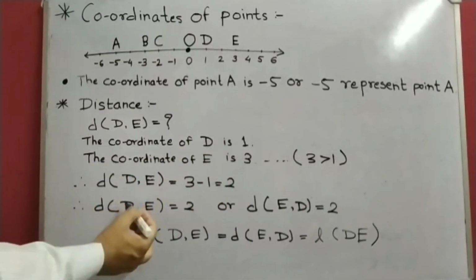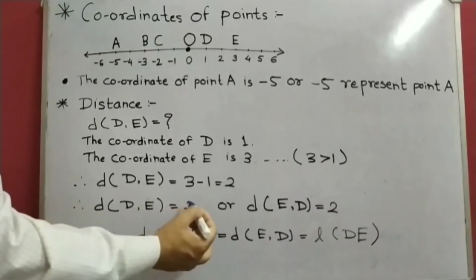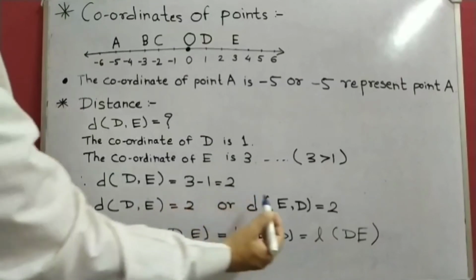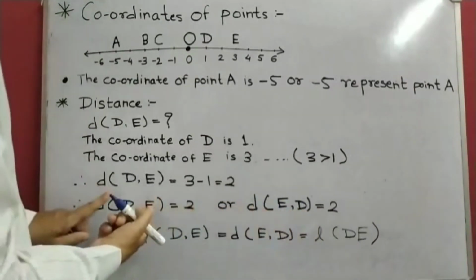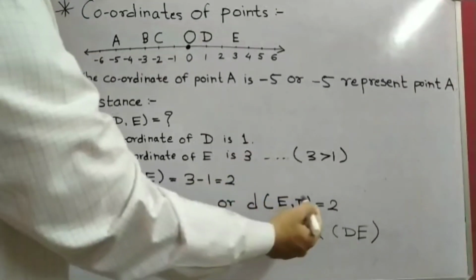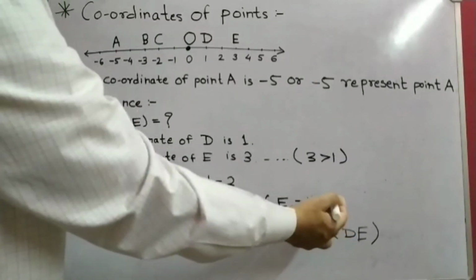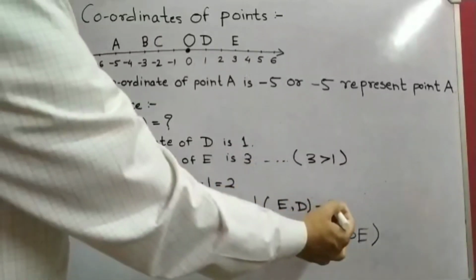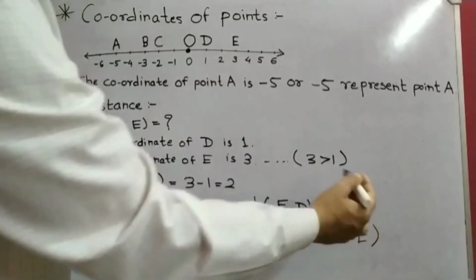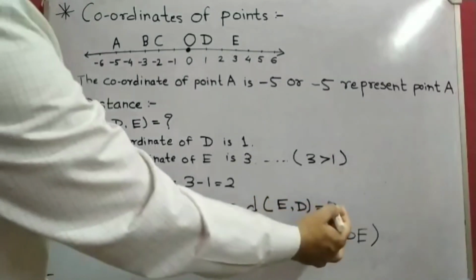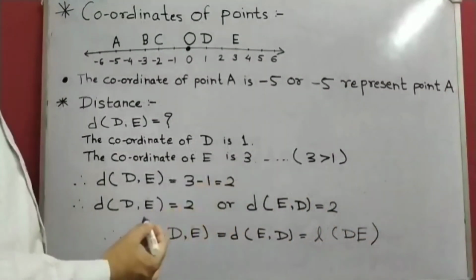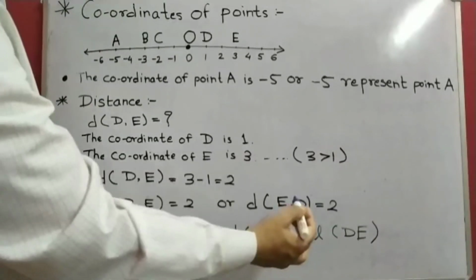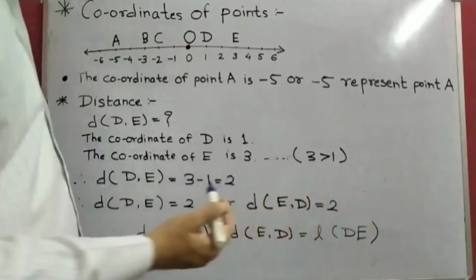So distance DE is 2. Or distance ED, we replace it, is also 2, because here also 3 is bigger, 1 is smaller. By the formula bigger minus smaller, 3 minus 1 is always 2. Therefore distance DE is equal to distance ED, or it is equal to length DE.